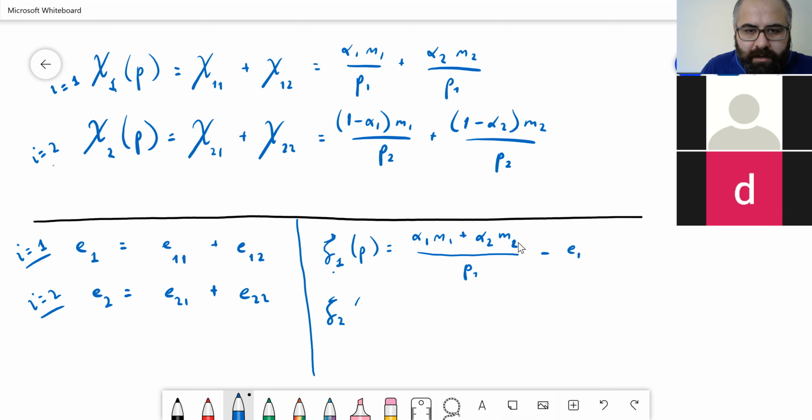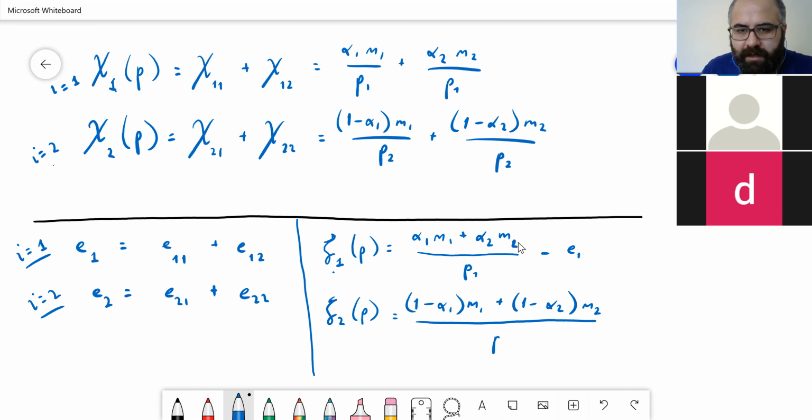And in the second market, I have 1 minus alpha 1 M1 plus 1 minus alpha 2 M2 divided by P2, that's total demand, minus total supply. Okay?